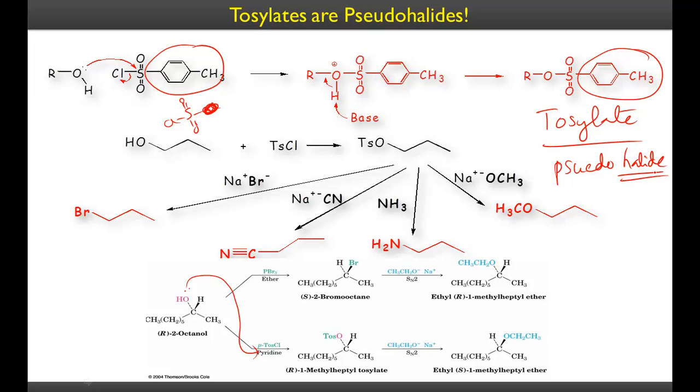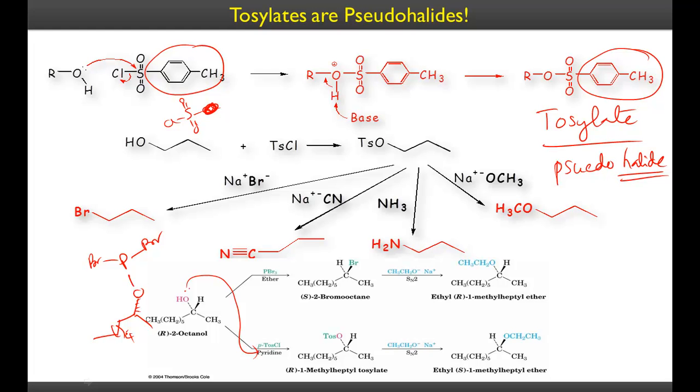The intermediate is not stable in PBr3. In the first step, you have oxygen attacking phosphorus and displacing one of the bromides. So this alcohol is attacking phosphorus, but this phosphorus is not stable.